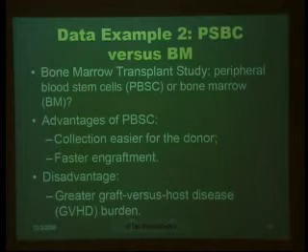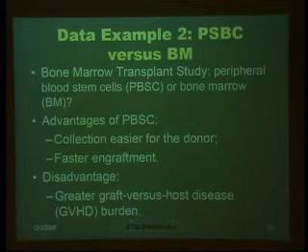What I want to discuss with you now is the second example, and compare it with the blood pressure example. This example is a bone marrow transplant study, and they wanted to compare peripheral blood stem cells, PBSC, or bone marrow cells.